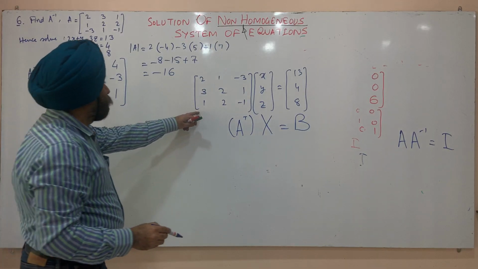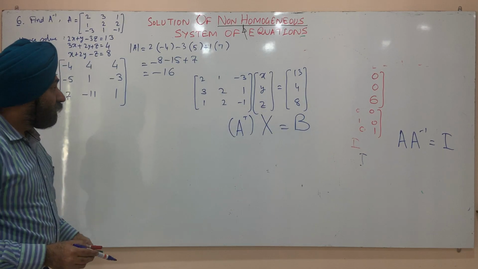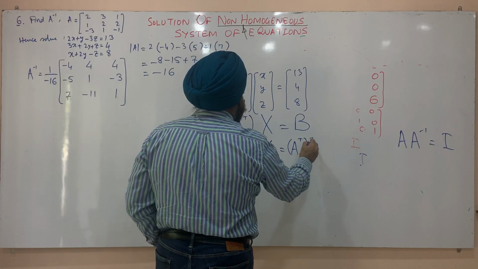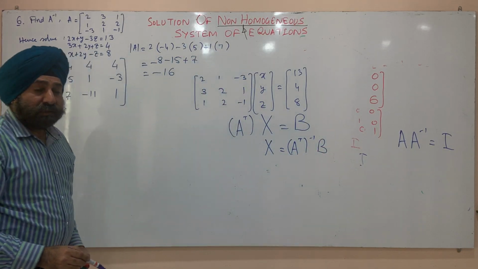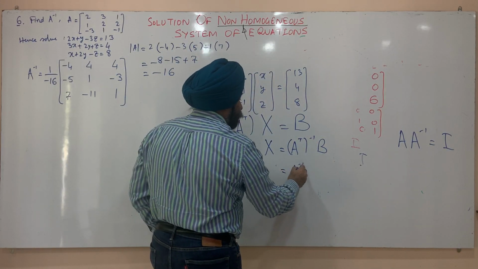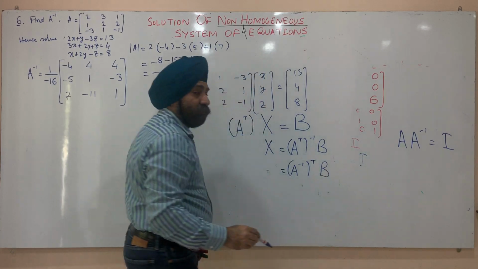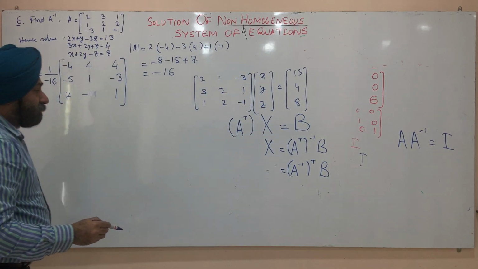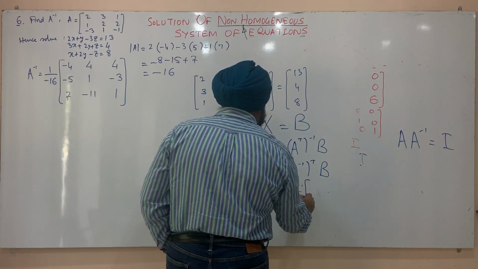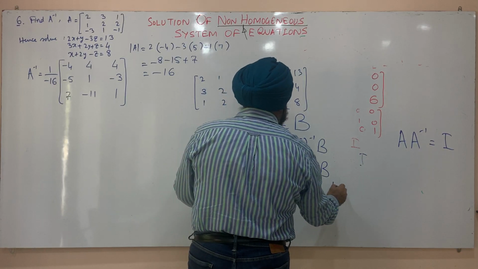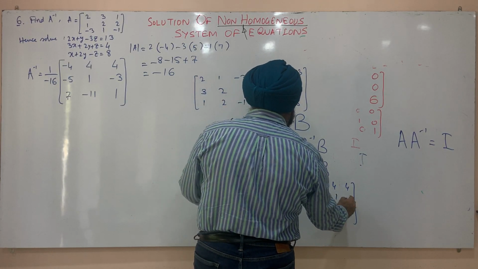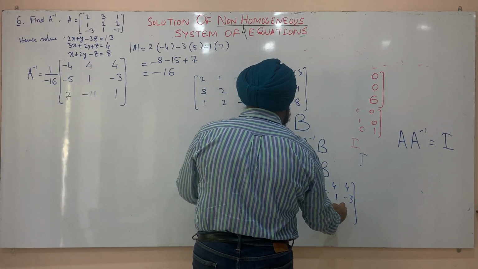We have identified that this is A transpose. How to get X from this? It will be A transpose inverse into B. In matrices we have studied that A transpose inverse is the same as A inverse transpose. And A inverse is already with us. Let me write A inverse: minus 1 by 16 times the matrix minus 4, 4, 4, minus 5, 1, minus 3, 7, minus 11, 1.